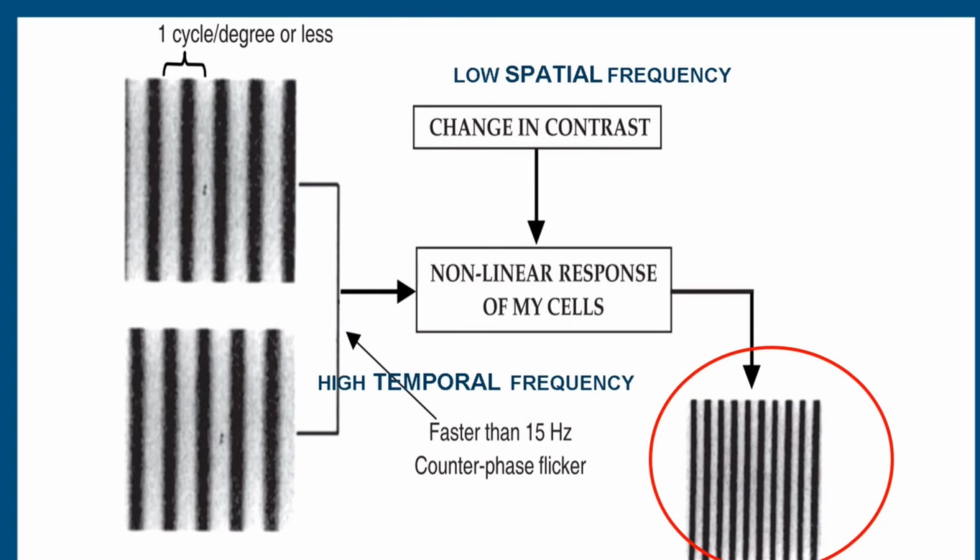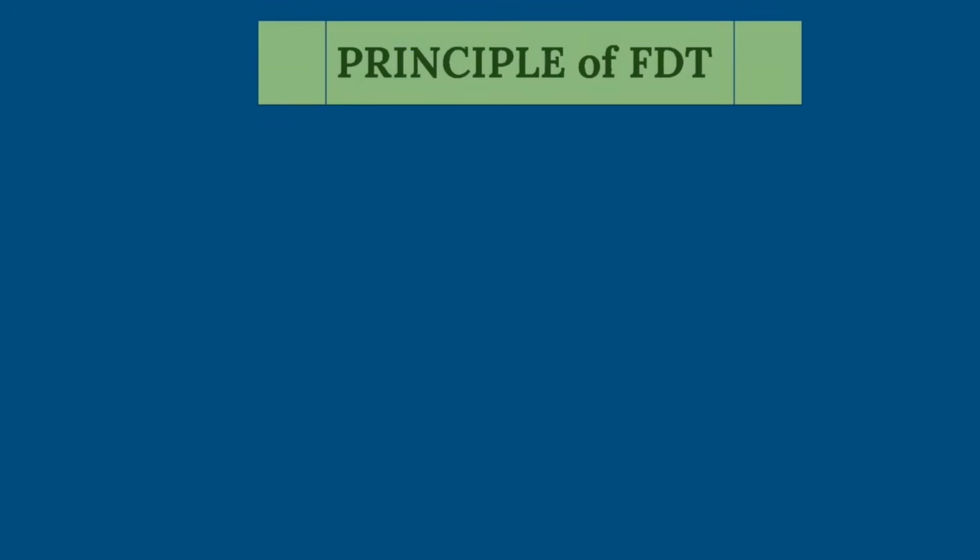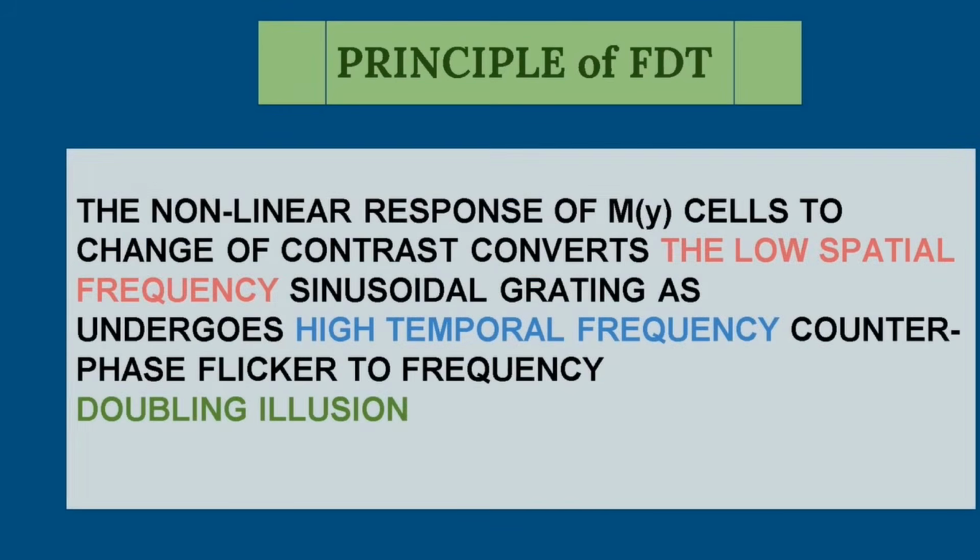That means the patient has a frequency doubling illusion. And this is the principle of the frequency doubling test. That is, the nonlinear response of the My cells to the change of contrast converts the low spatial frequency sinusoidal gratings, as they undergo high temporal frequency counterphase flicker, to a frequency doubling illusion.